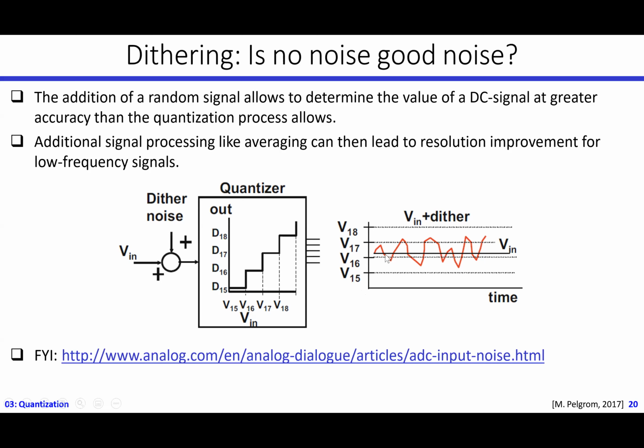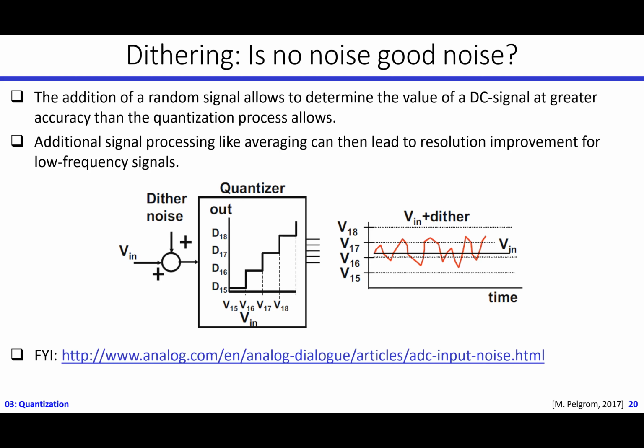For example, if you have an input signal that is a DC value, a constant value, and you apply it to your ADC, you will not have a uniformly distributed error, because you get the same fixed error every time. You cannot make those assumptions which we made earlier.